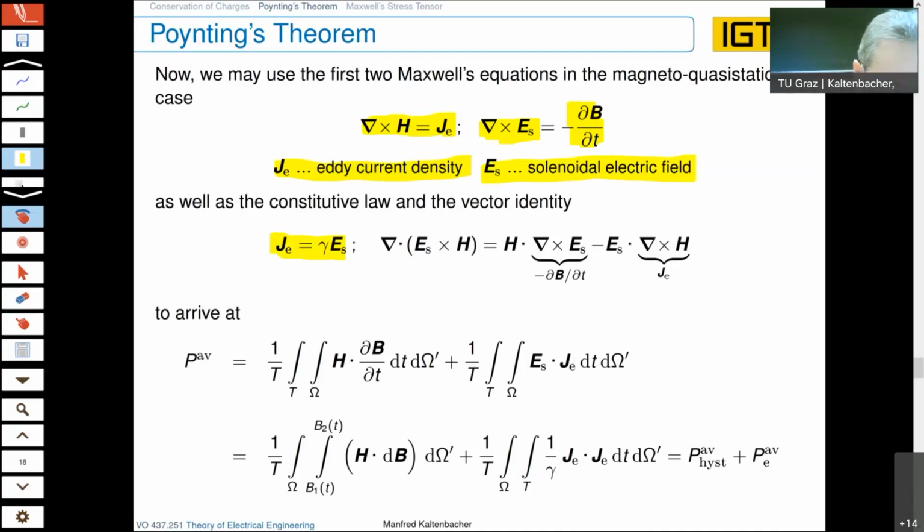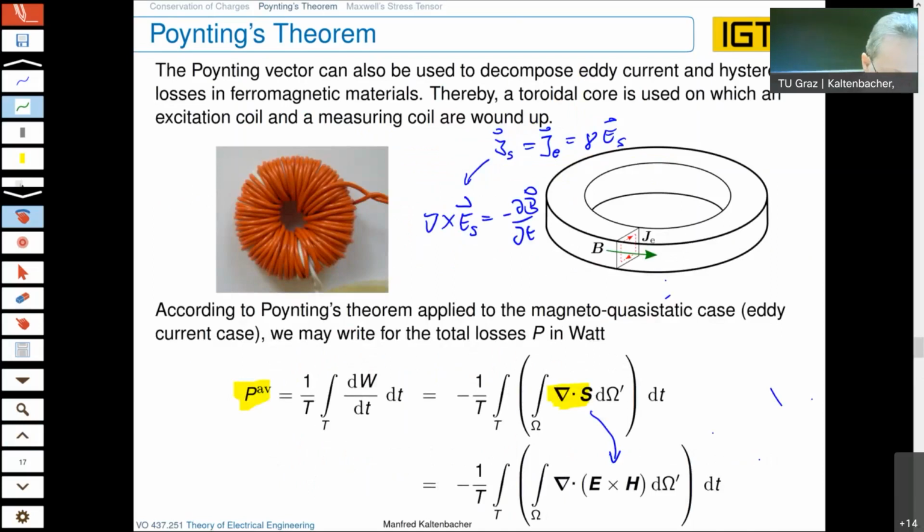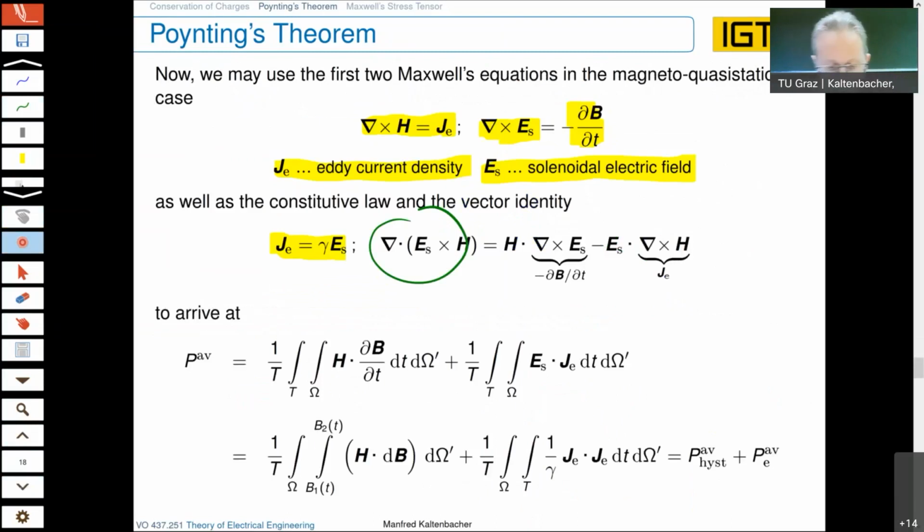Now, what we will do is we will try to express our Poynting vector as we have here in our formula by this relation. So the divergence of the Poynting vector, we can rewrite by this identity: it is just the curl of the electric field, dot product with the magnetic field, minus the curl of the magnetic field dot product with the electric field.